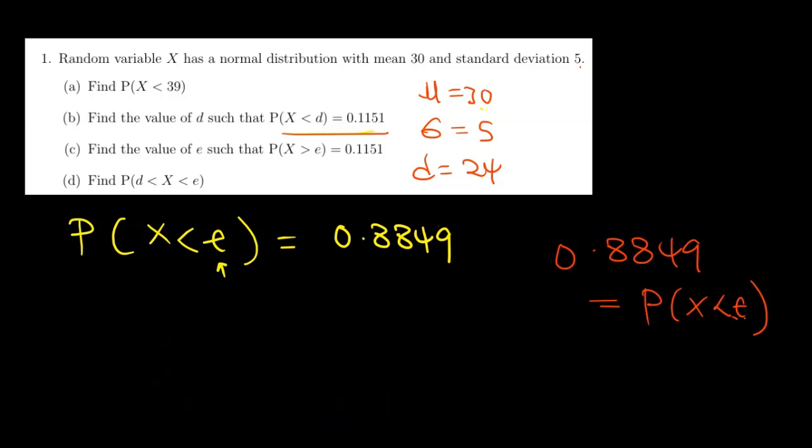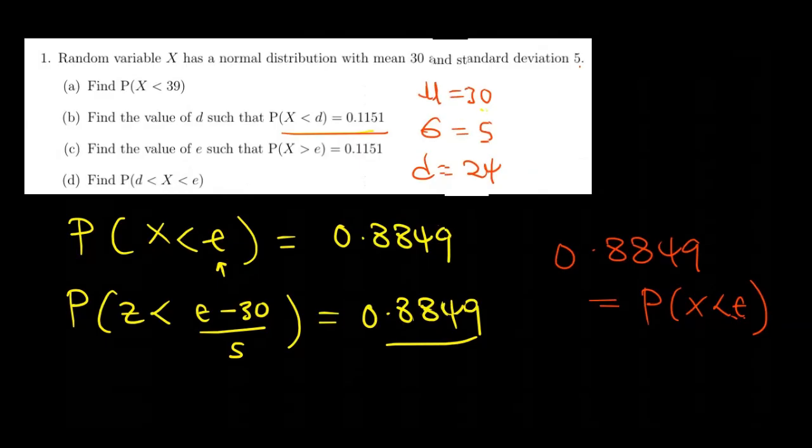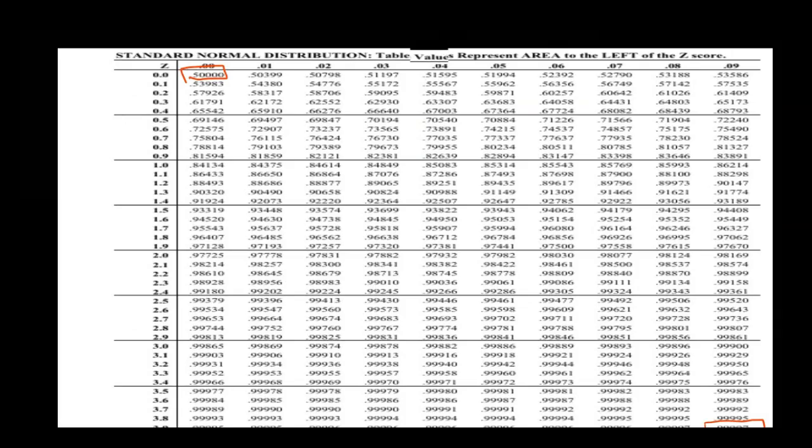So first of all, we need to standardize. So when you standardize the x, okay, it's just going to become z is less than, this one will be e minus 30 divided by 5, is equal to this probability. So which z score gives us this probability? Okay, so you got your z score table. So this is 0.8849, okay, so 0.8849, we have to find it on the positive z score table. 0.88 and then 49.